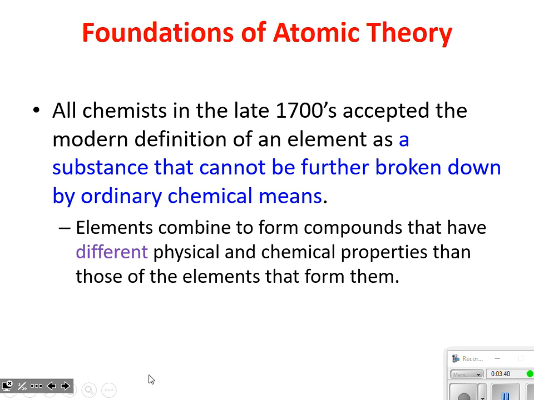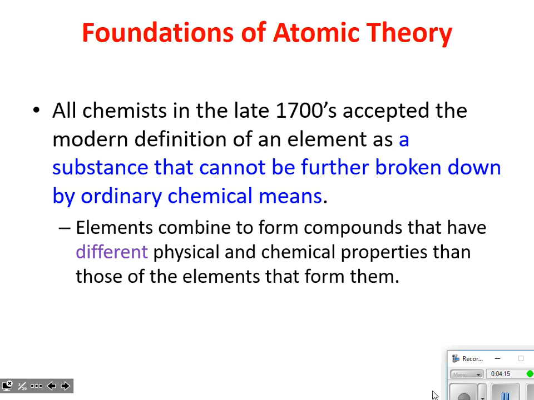Elements will combine to form compounds, and those compounds have different physical and chemical properties than the atoms that they were formed from. They cannot be further broken down. They combine to form compounds. And those compounds that are formed have different physical and chemical properties.